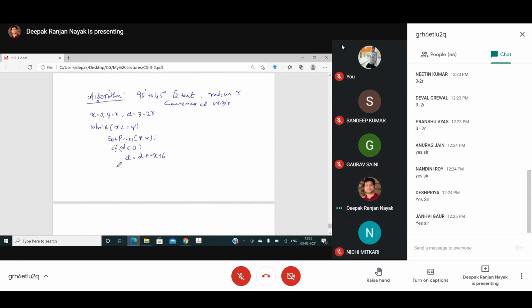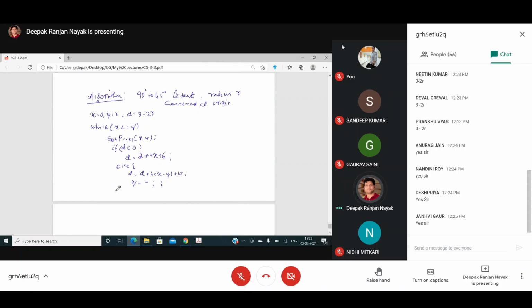Else, d is equal to d plus 4 into (x minus y) plus 10. And in this case, one more thing, my y value will be decremented by 1.